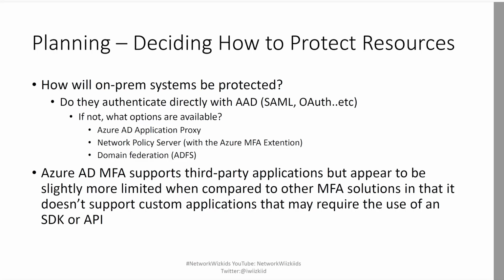The other is by using, say for instance, a Network Policy Server. If your application supports some sort of RADIUS authentication, Microsoft has an Azure MFA extension that can be tied into an NPS in order to provide that multi-factor authentication. Or one way that is recommended by Microsoft is to use ADFS, which is essentially federating your domain with Azure Active Directory as well.